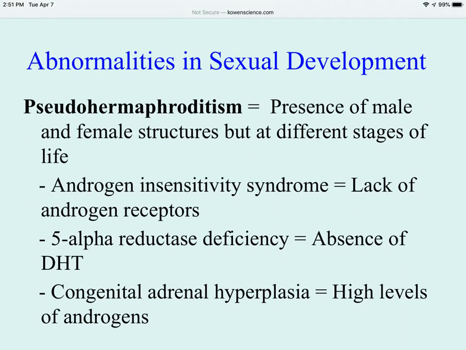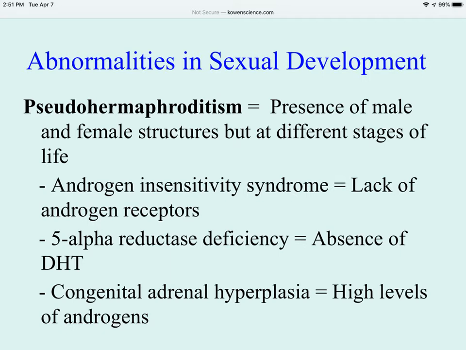So there are different abnormalities in sexual development. There can be pseudohermaphrodism, and this is the presence of male and female structures, but at different stages of life. There's also androgen insensitivity syndrome. Now, on this one right here, they lack the androgen receptor, so the SRY gene is not recognized.